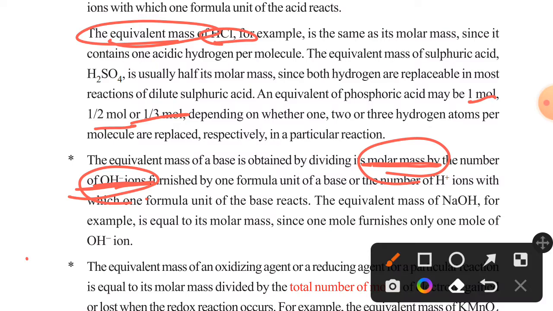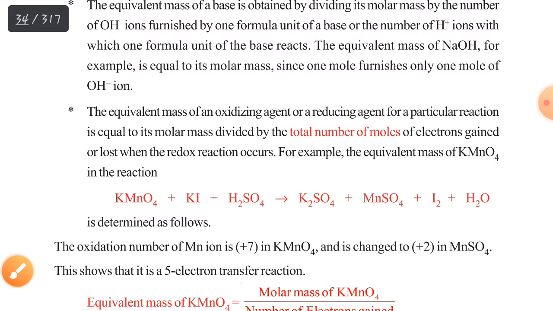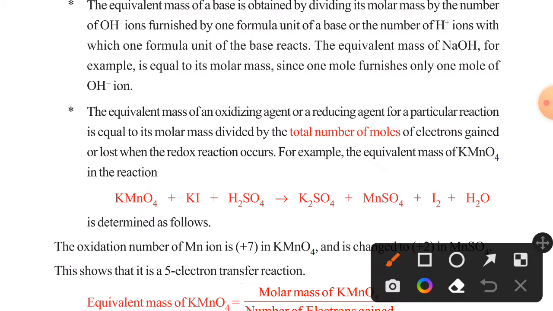Concept isaa tokkodha. Okay. The equivalent mass of an oxidizing agent. Okay. Kan qabachuu qabdanii ishee kanadha. The equivalent mass of an oxidizing agent or a reducing agent for a particular reaction is equal to its molar mass divided by the total number of moles of electrons gained or lost when the redox reaction occurs.